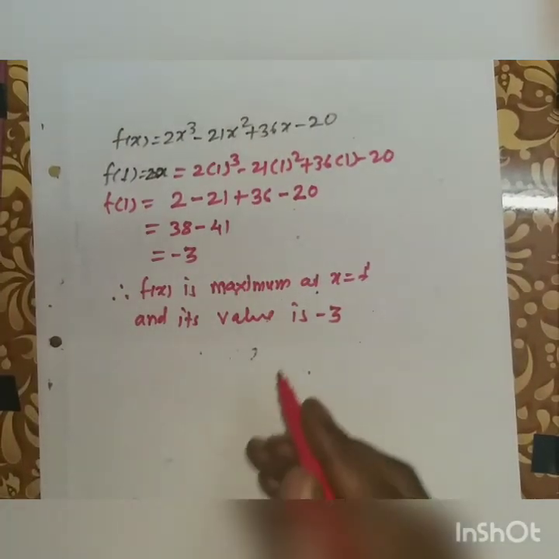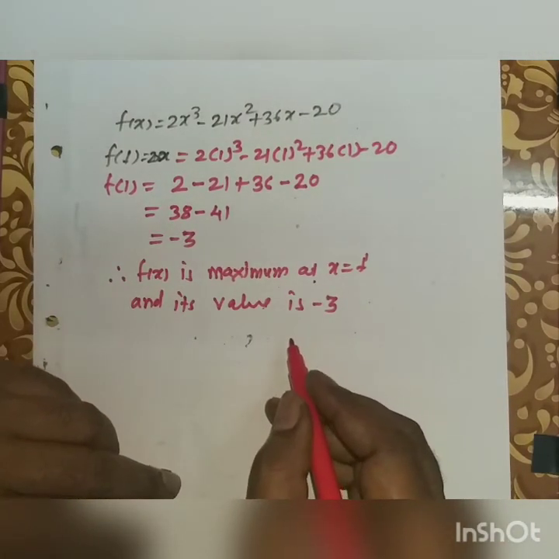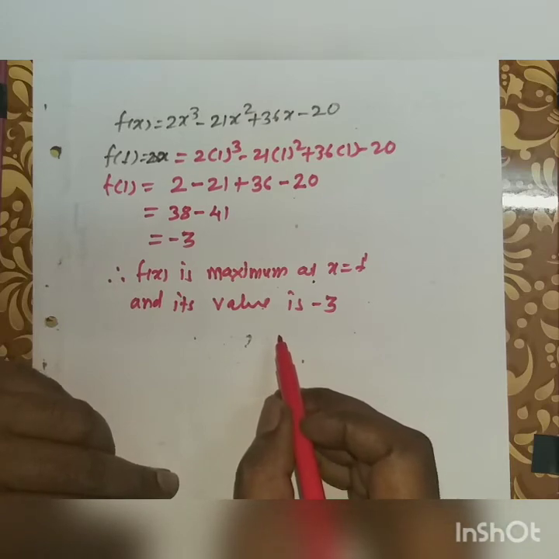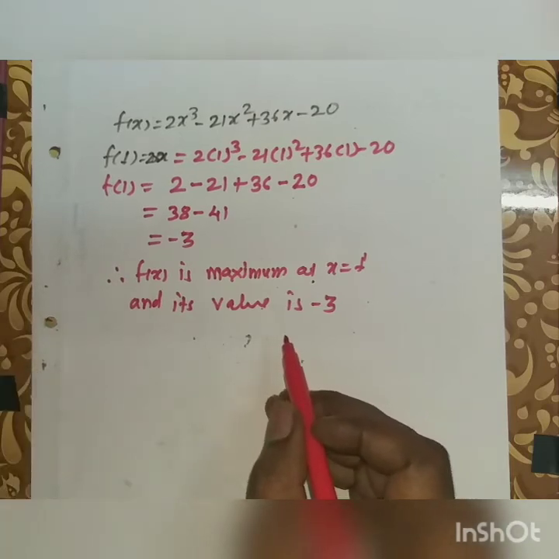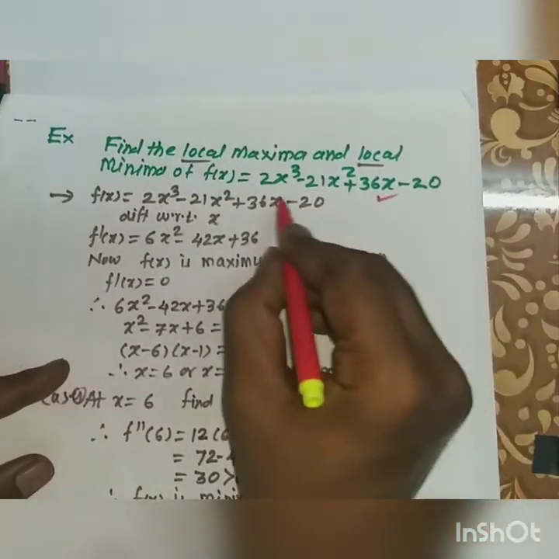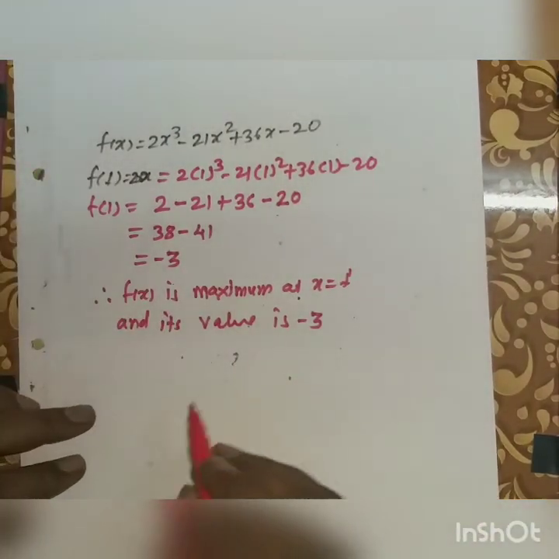In this way, we solve such problems. In the PowerPoint presentation, I solved some complicated word problems. In word problems, the function is not given. I form the function first, then I apply this method and we get the maxima and minima.